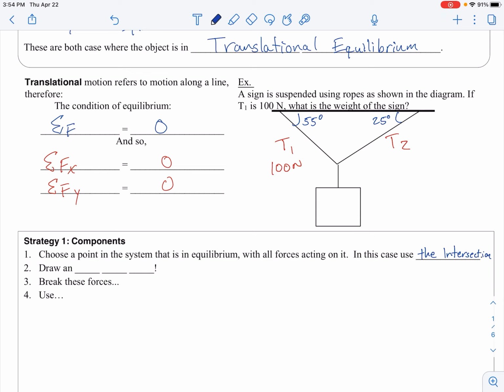Okay, and then we're going to draw a free body diagram. And we want to break these forces into separate components, our x and y components. And then we're going to use the first condition. All right. So, a couple things here.